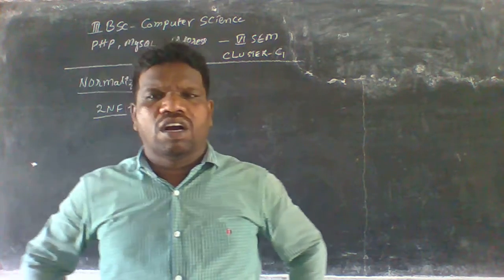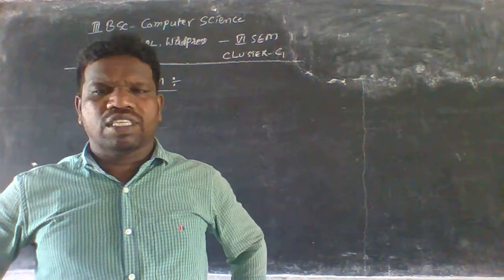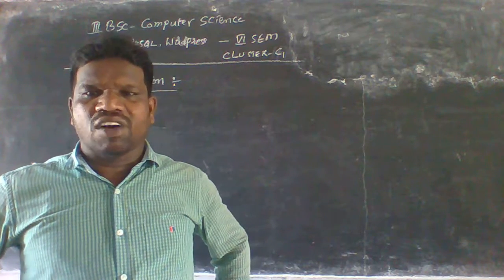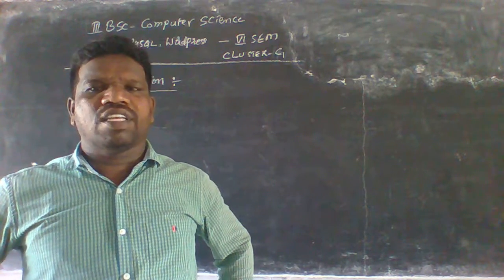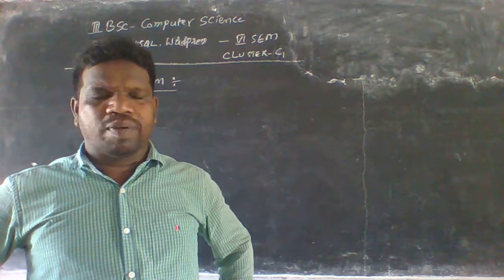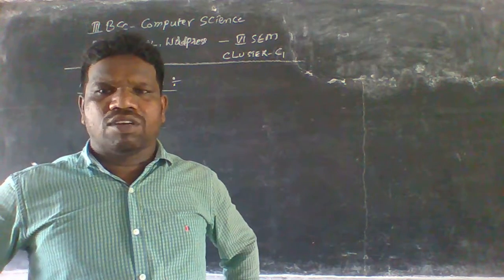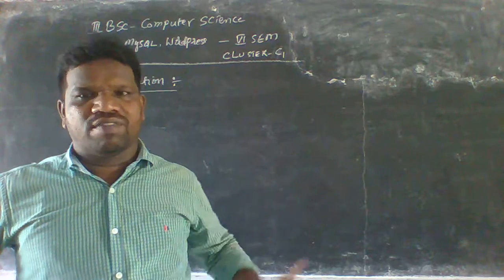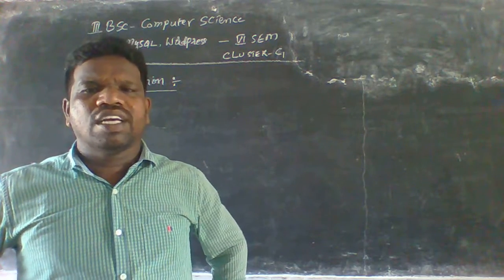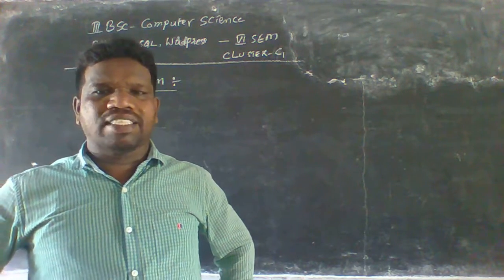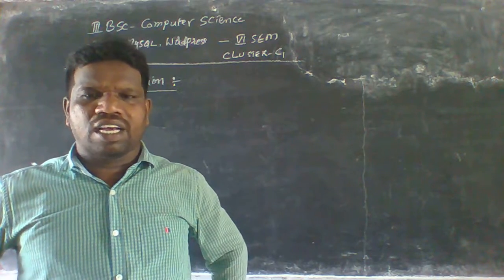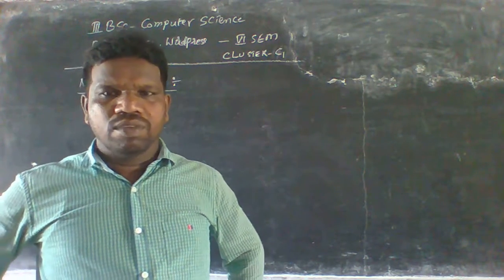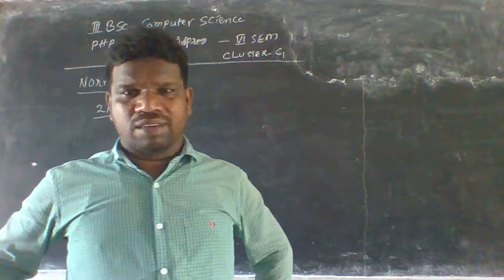So the table should be considered already in the first normal form, and all the attributes within the entity should depend solely on the unique identifier of the entity. We have to take an example here, so you can represent it like this.